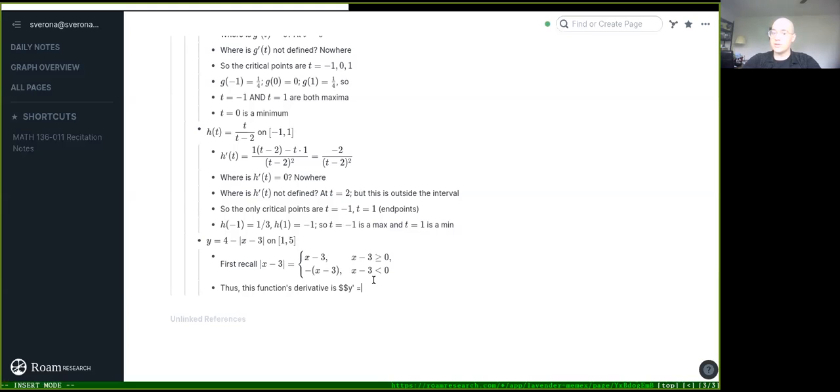The 4 is going to differentiate out. And then I'm going to have -1 times the derivative of the absolute value of x minus 3. So let me write this first, and then we'll talk about it.